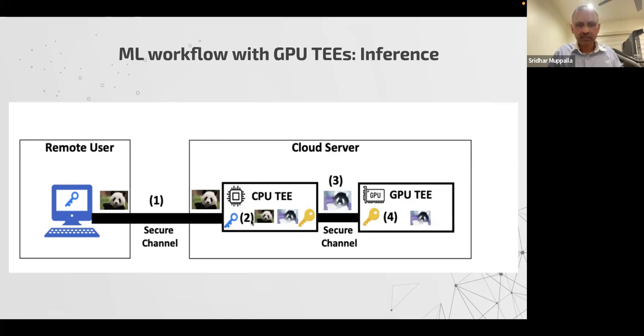First thing is it checks the authenticity of the received packet. Once it is all verified, then it encrypts the data with this yellow colored key, the shared key between the CPT and GPT.